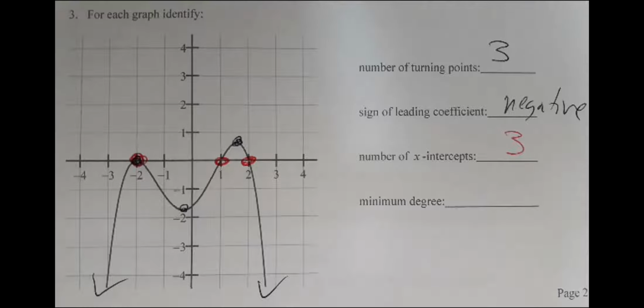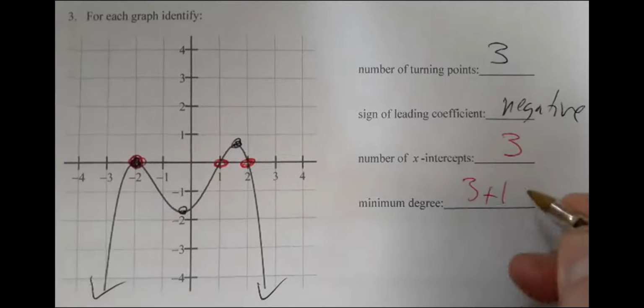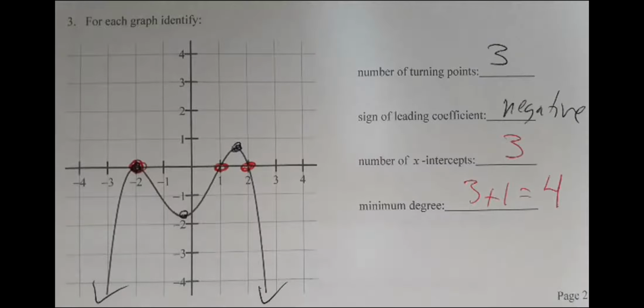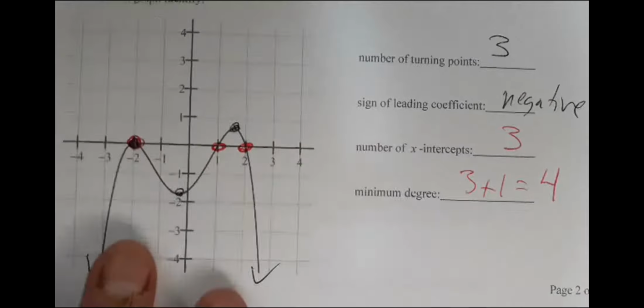What is the minimum degree? If I have 1, 2, 3 turning points, the rule is I have to do 3 plus 1. That gives a degree function. I should not do that in red.